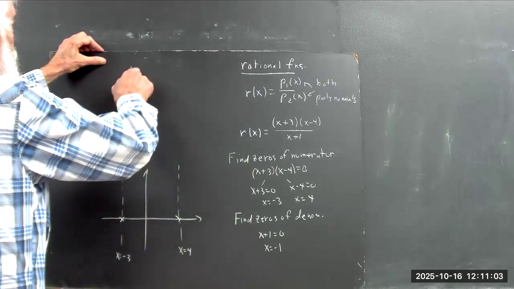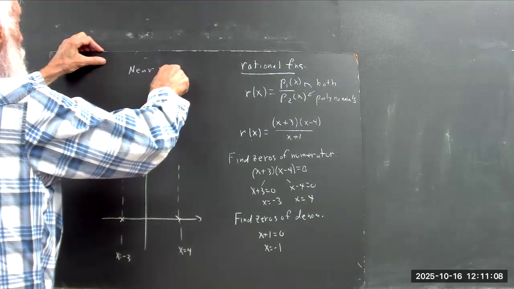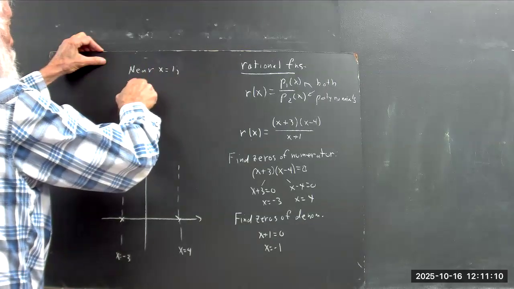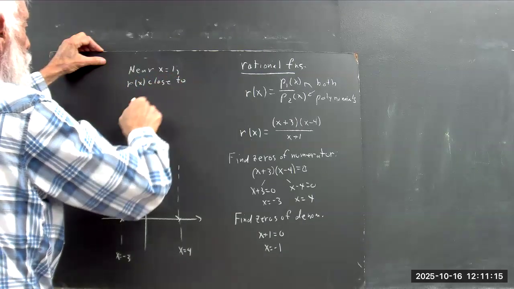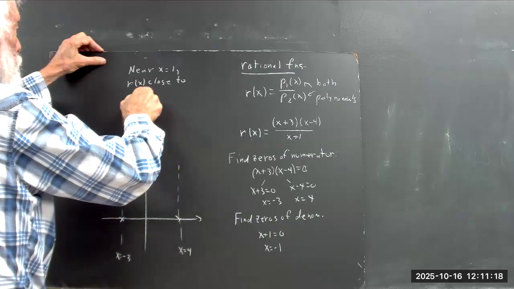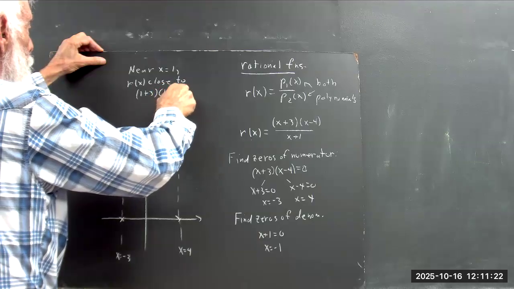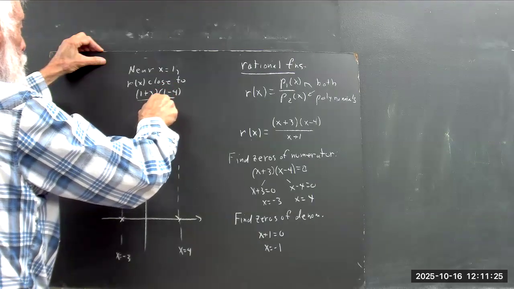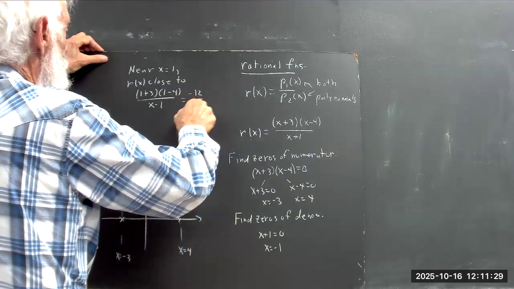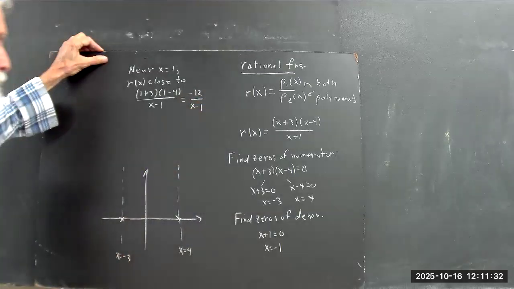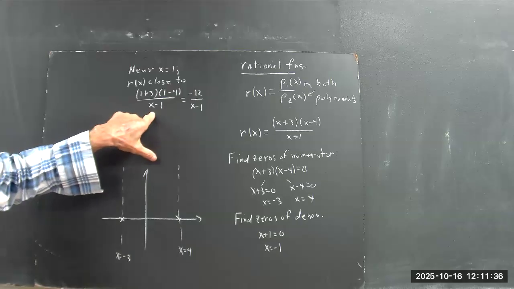So I'm just going to claim... Now, why don't I write 1 for this? Well, that would be 0. We can't divide by 0.